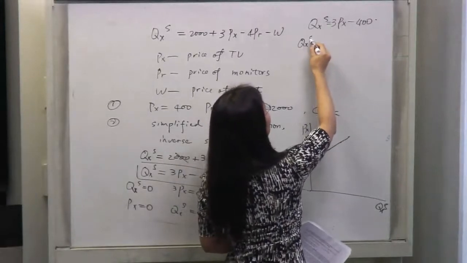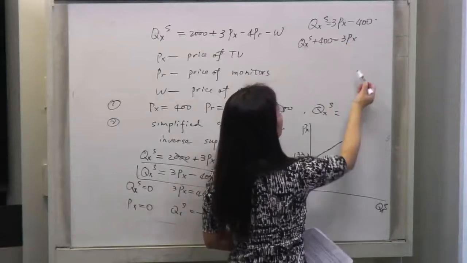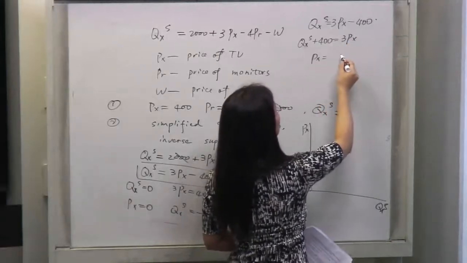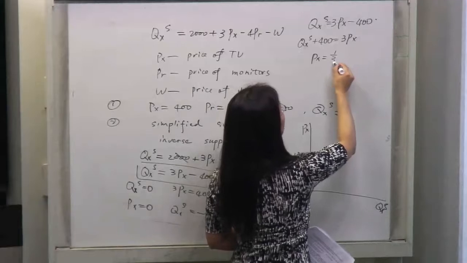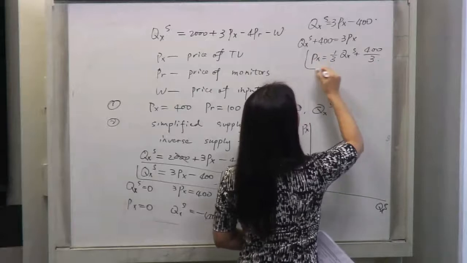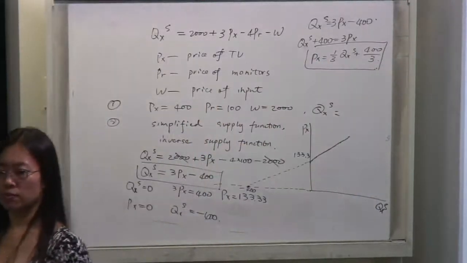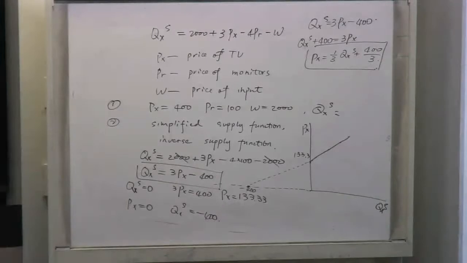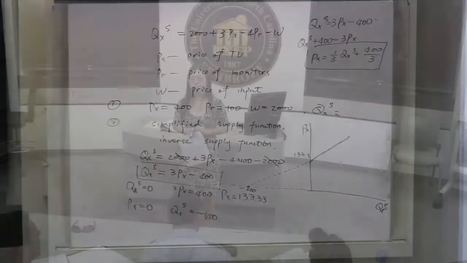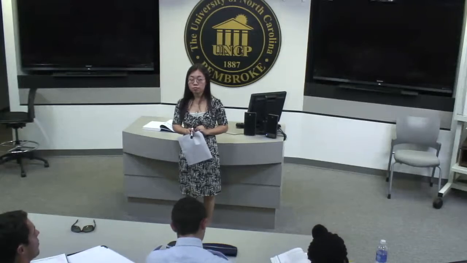Very good. Qx plus 400 is equal to 3Px, right? And what is Px equal to? Px equals 1/3 Qx plus 400 divided by 3. So this is what we call the inverse supply function. Pretty straightforward concept.